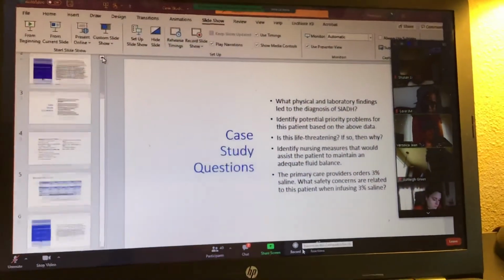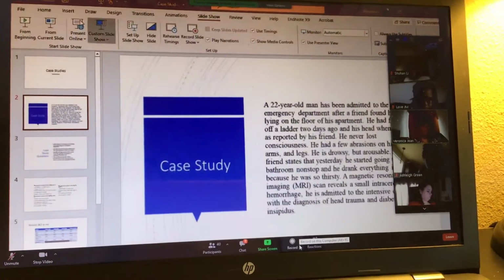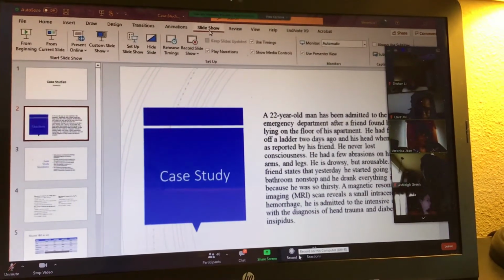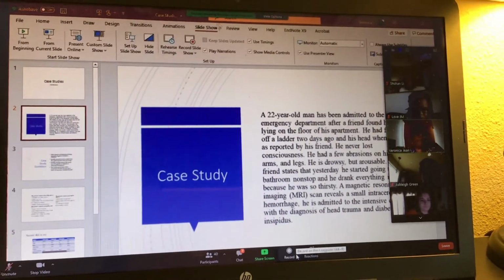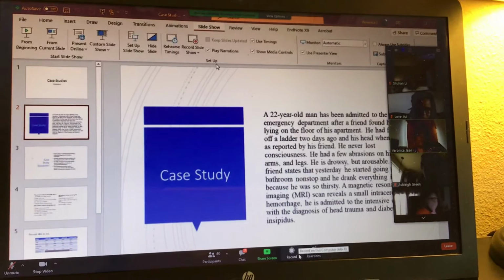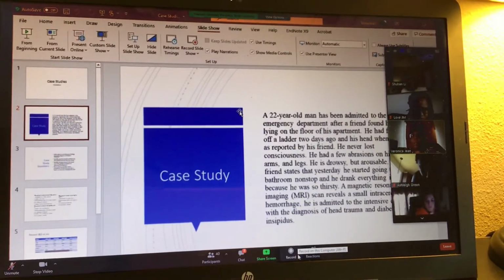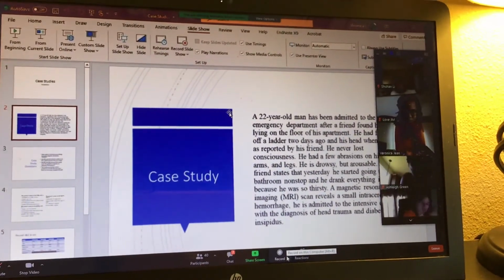Let's try that again. All right, from here. And my computer doesn't want to cooperate. Well, anyway, if you want the slideshow, click from current slide.